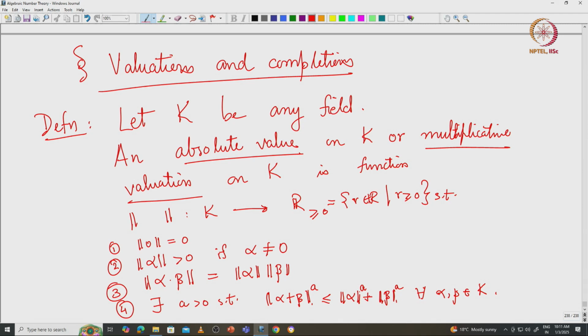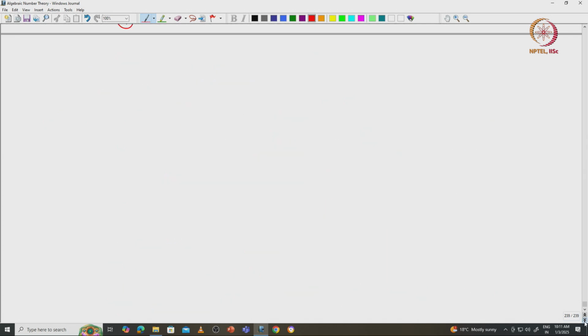There is a related notion of valuation where you work with the log of this, so multiplicative becomes additive, etc. But this is the definition that we are going to work with. Okay, and in this one, 0 inside the valuation is different from 0 on the right hand side. 0 inside the valuation is 0 in the field K, and 0 on the right hand side is the real number 0. Okay.